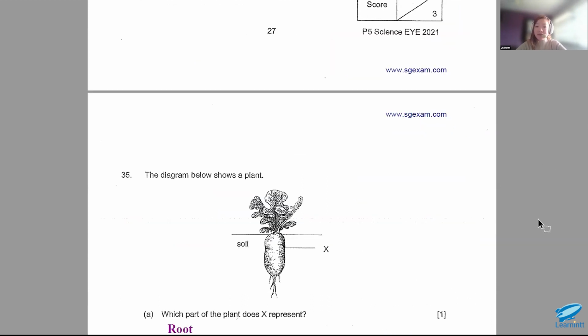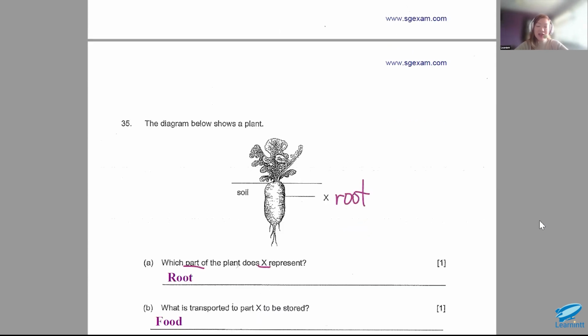Question 35. The diagram below shows a plant. Again, let's identify what X is. It is actually the root because it's in the ground, in the soil. Now the question: which part of the plant does X represent? It's the root. So for identifying it over here, half mark. Writing it out with the correct spelling, another half mark.